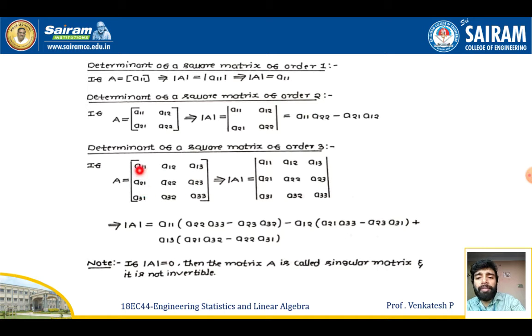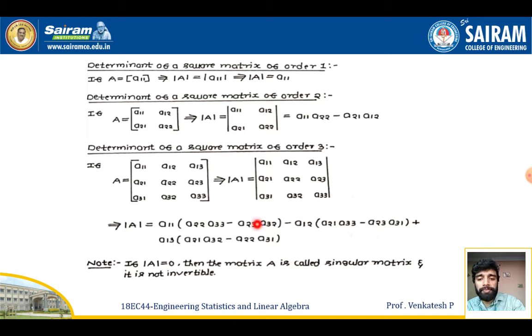While considering the first element, we skip its complete row and column and take only the remaining elements. While taking A12, we again skip its complete row and column and take only the remaining A21, A23, A31, A33. While taking A13, we skip its complete row and column and take only A21, A22, A31, A32, with the alternating signs plus, minus, plus.